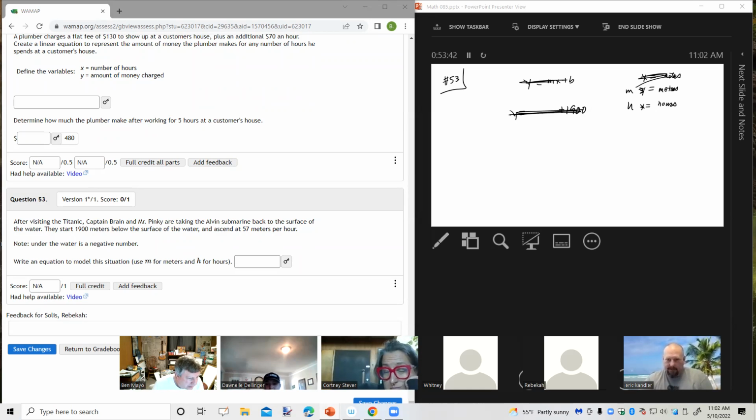So let's see here. Situation, m is meters per hour. So we've got h equals mm plus b. Yeah, that's confusing.